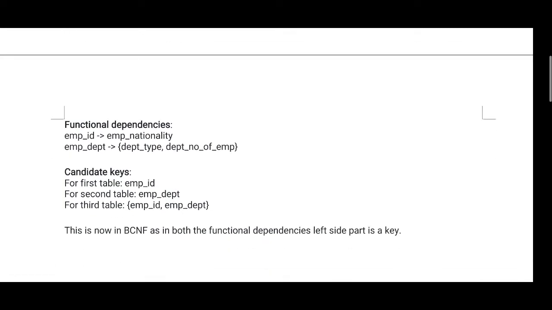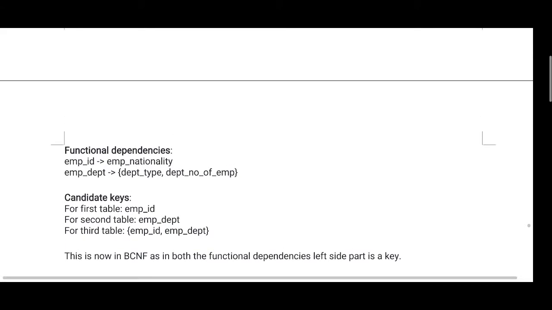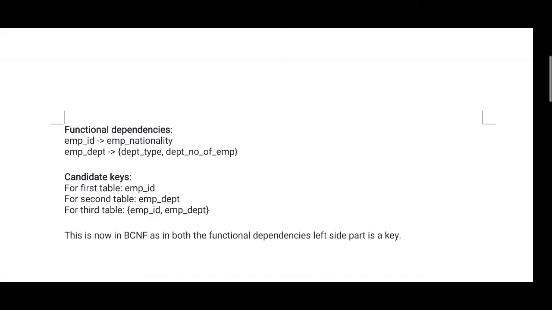Now in the table, functional dependencies are employee ID to employee nationality, and employee DEPT to department type and department number of employees. Candidate keys are, for the first table, employee ID is the candidate key. The second table, employee DEPT is the candidate key.